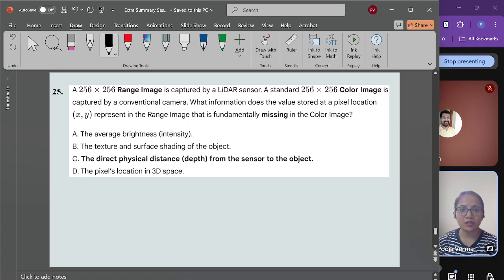What information does the value stored at a pixel location x, y represent in the range image that is fundamentally missing in the color image? Option A, the average brightness, that is intensity. Option B, the texture and surface shading of the object. Option C, the direct physical distance, depth, from the sensor to the object. Or option D, pixel location in 3D space.